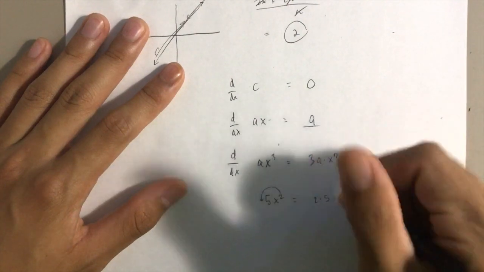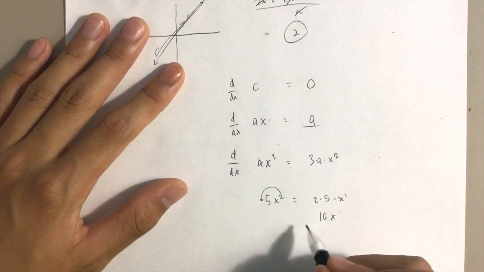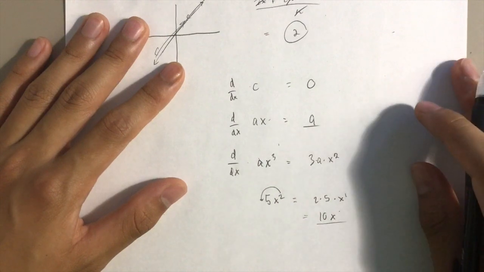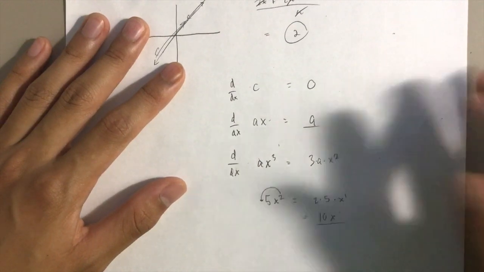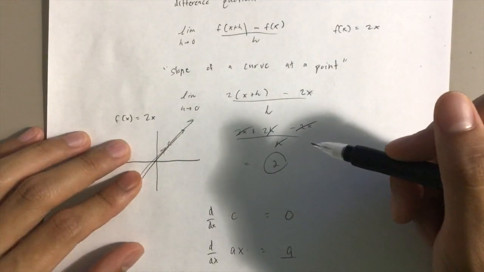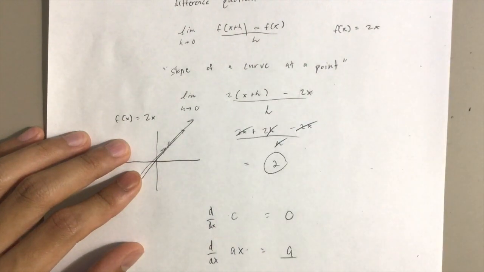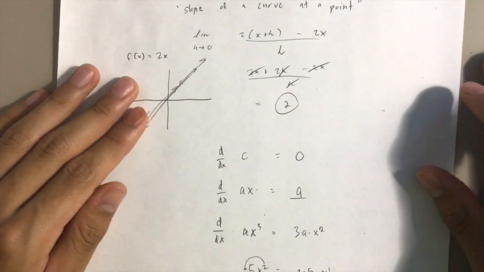Basically, if you have the function 5x squared, you would take 2 times 5 times x, then subtract 1 from the exponent, which gives you 1, so it would be 10x. Those are rules you can use without having to do the difference quotient every single time. And that's the derivative, the slope of a curve at a point.